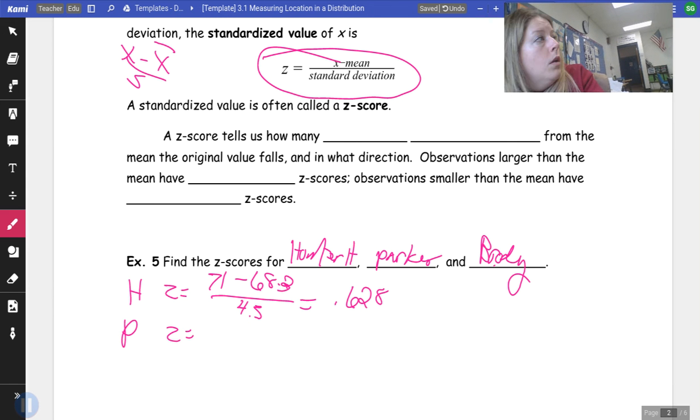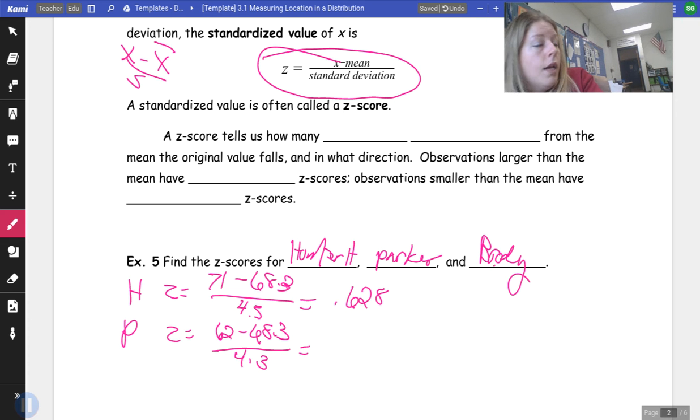Parker's, she had a height of 62 minus 68.3 divided by 4.3. If you work that out, you get negative 1.465. So that tells us that she is about 1.5 standard deviations below the mean.